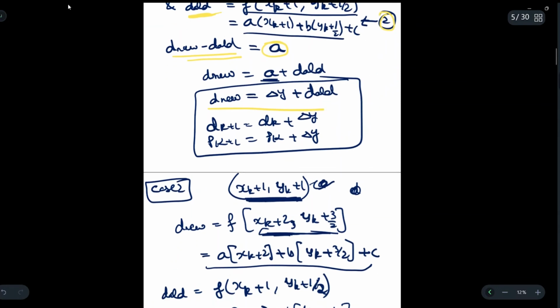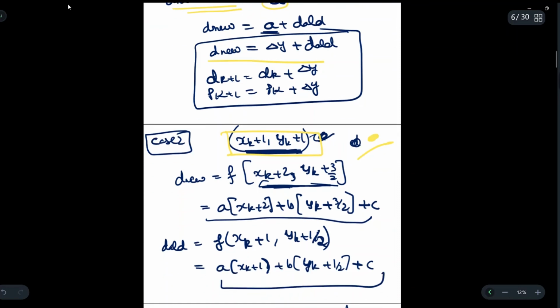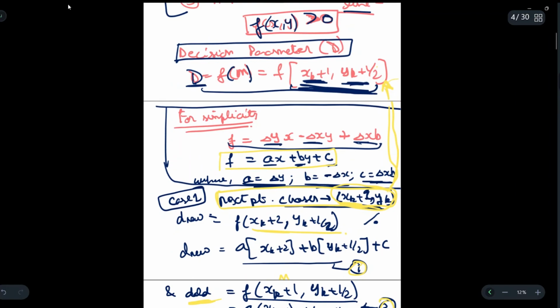Now in case 2, we took the point xk plus 1 and yk plus 1, which lies above the line. From here we found d new; we again substituted these values into the older f function, and on doing so you will get xk plus 2 and yk plus 3 by 2. We simply substituted these new coordinates in this decision parameter value.